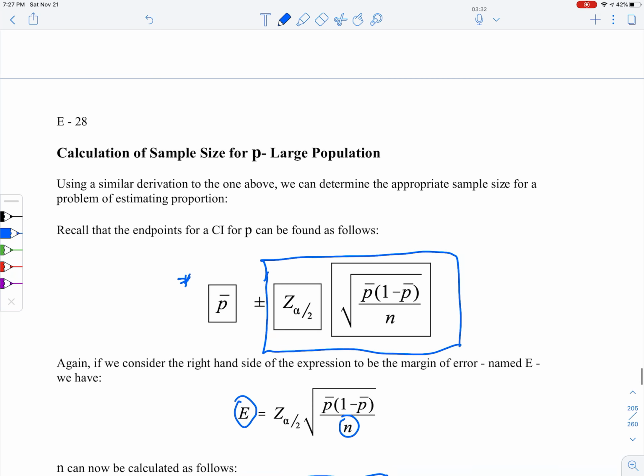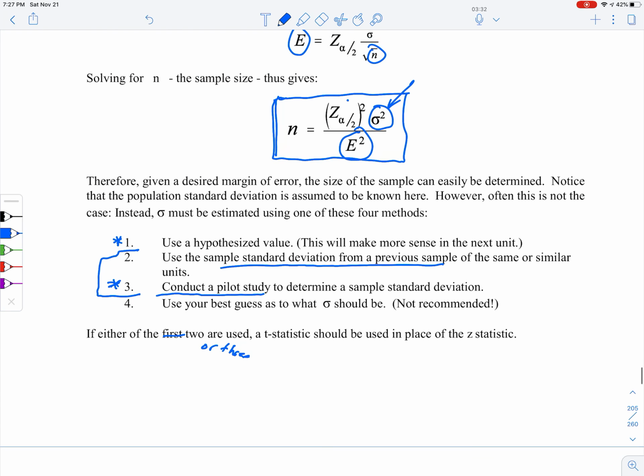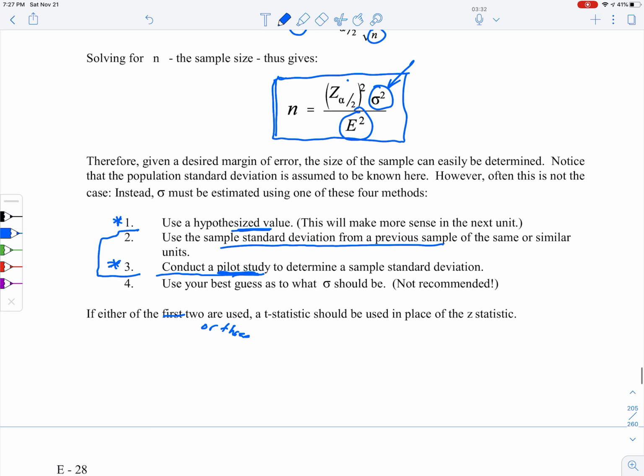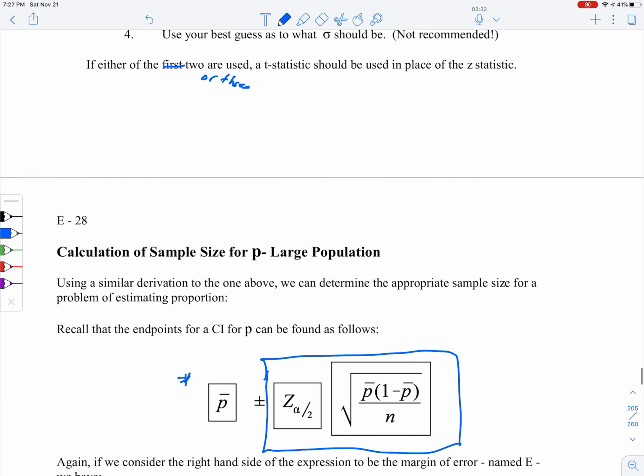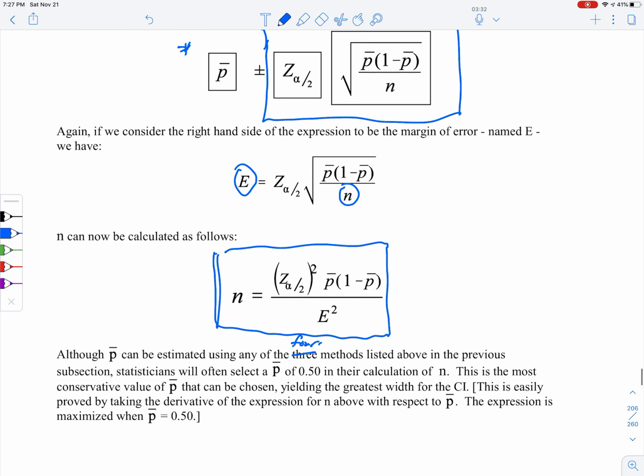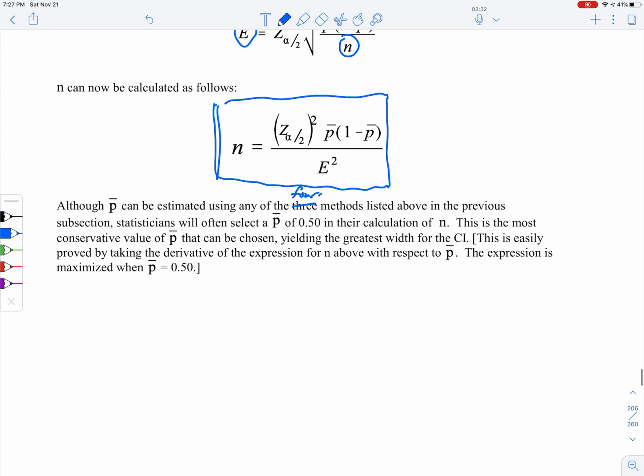Again, I made that change and didn't see that change there listed before. So back here again, you can use a hypothesized P, or you can use a sample P from a previous sample study, or you can do a pilot study and use a P bar from that. Or you can make your best guess, which is never a good idea.